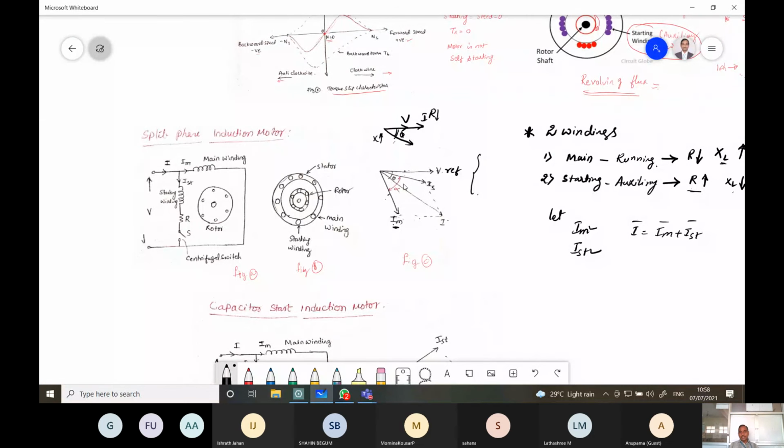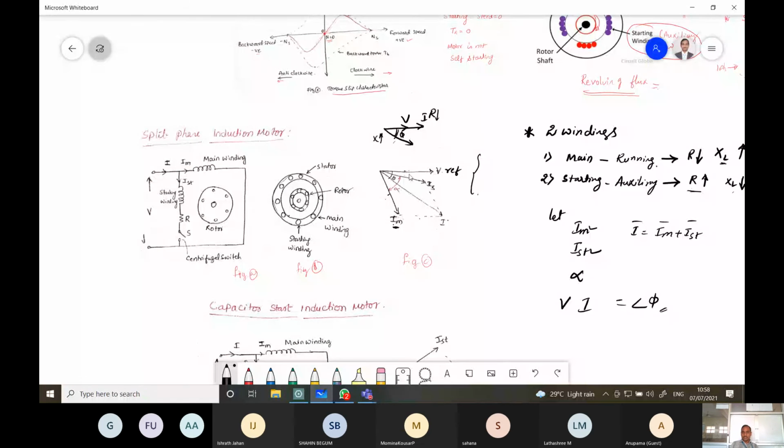The angle between Is and Im is represented as alpha, and the angle between voltage and current is called phi. Now the current Ist drawn by the starting winding lags behind the applied voltage V by a small angle, whereas the current Im in the main winding lags behind V by a large angle.